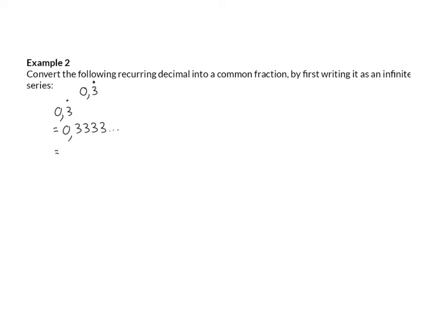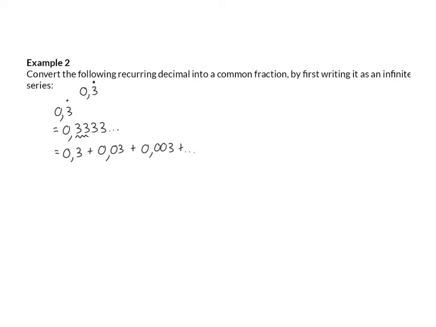So if we want to write this as a number pattern, we're going to start with 0,3. Then we're going to add 0,03, and now we have the first two decimals. And we're going to continue by adding 0,003 and continue like that.